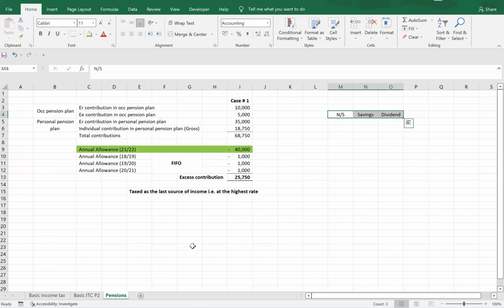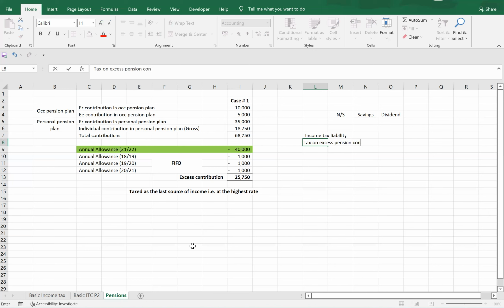For those who have revised, you'd be able to recall there were three sources: non-savings, savings, and dividend, right? Once you have taxed all the sources, you've taxed non-savings, you've taxed savings, and you've taxed dividend. Once you've calculated the income tax liability and you've calculated tax on everything, that is when tax on excess pension contribution comes in.